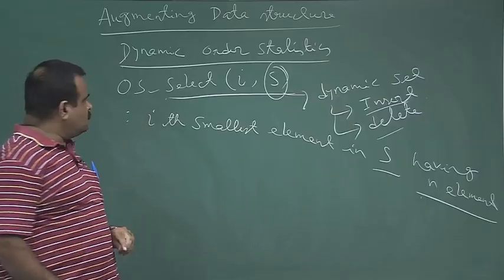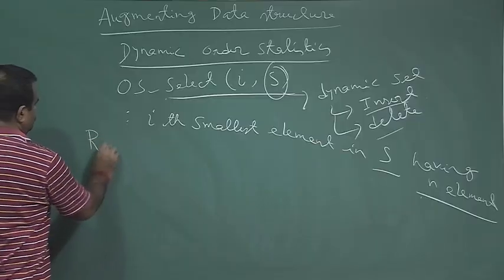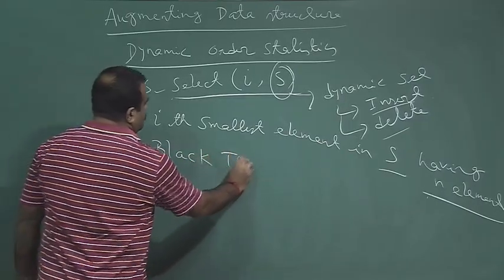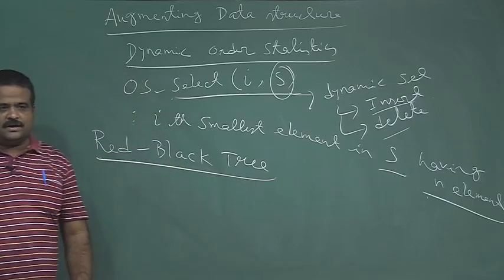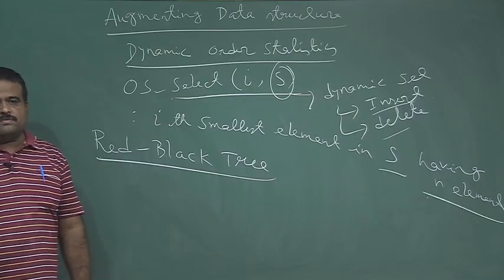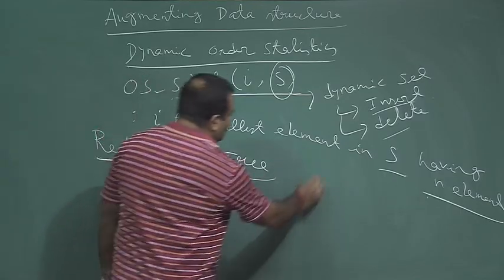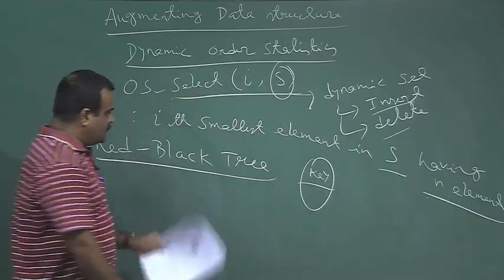So, we will use the red black tree as our underlying data structure, because this is a balanced tree. Since this is balanced, we want to use this as our underlying data structure and we want to add more information for solving this problem. This is the key value and we want to keep the size.